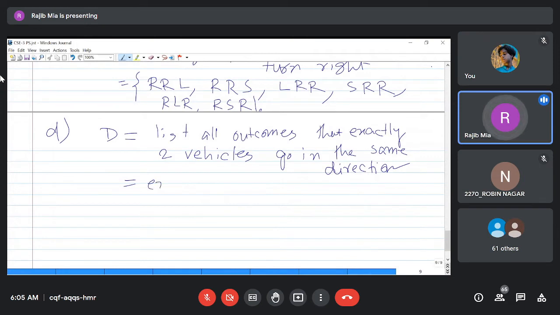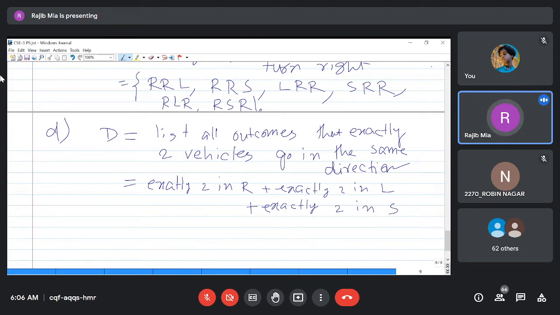You can write it here: exactly 2 in R, plus exactly 2 in left, plus exactly 2 in straight.